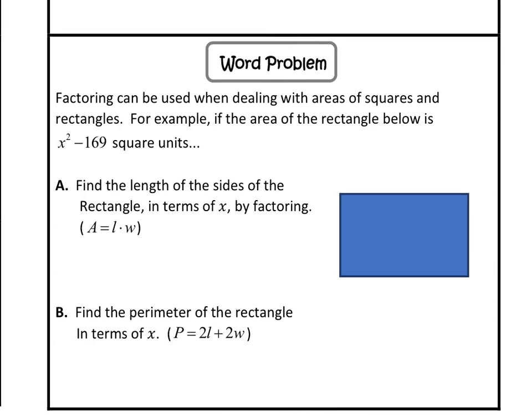So the last one says, factoring can be used when dealing with areas of squares and rectangles. For example, if the area of the rectangle below is the following, x squared minus 169 square units, find the length of the sides of the rectangle in terms of x by factoring.